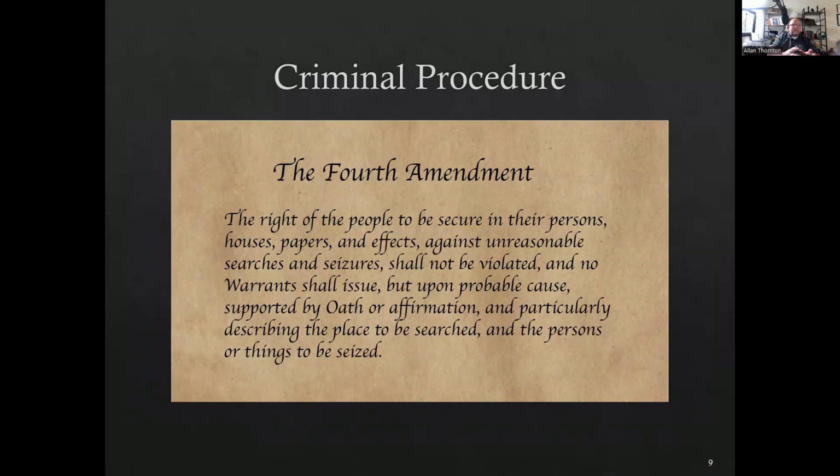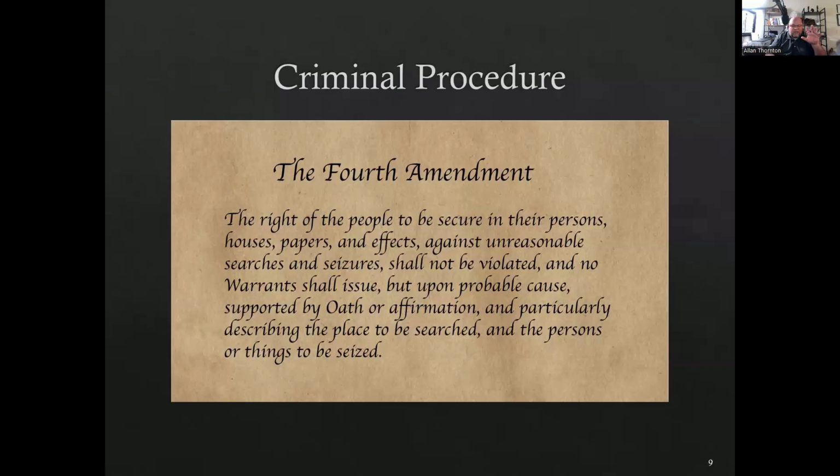A lot is said in just those few words, about how you're protected against searches and seizures, how your person and your property are protected against anyone coming onto it just off of a whim, searching for stuff.